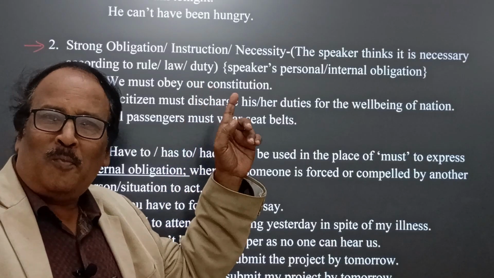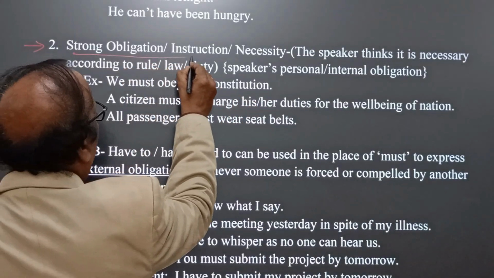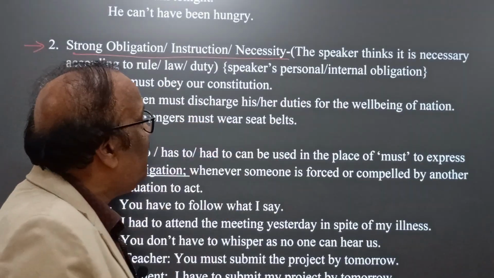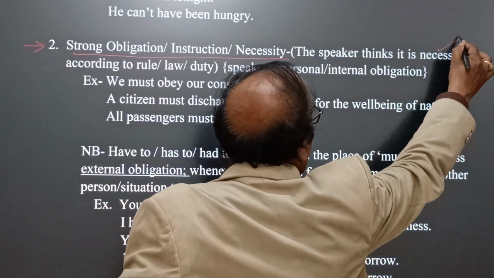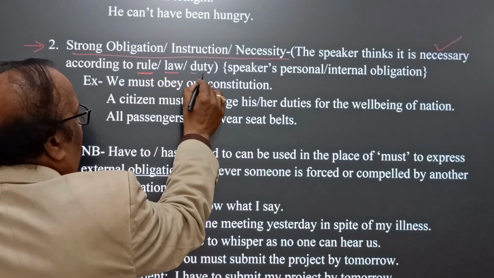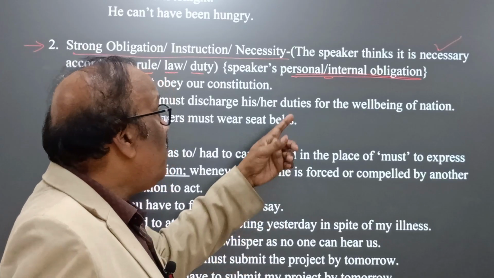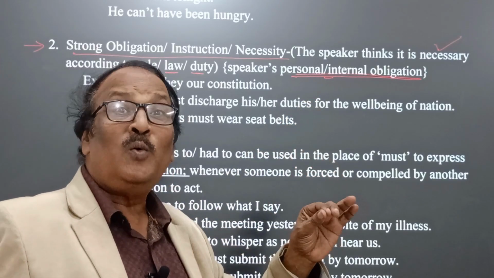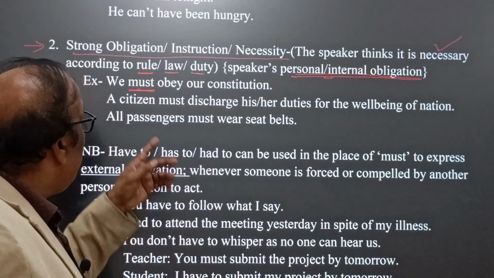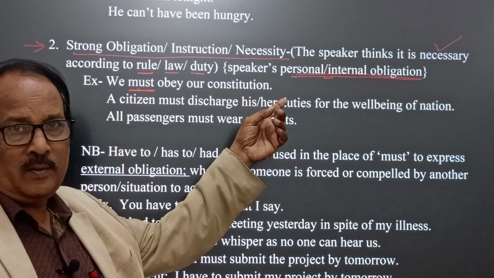Okay, come to point 2, strong obligation, instruction or necessity. Whenever the speaker thinks it is necessary according to rule or law or duty, this is what we call personal obligation to perform. In such a case, must is used. We must obey our constitution.